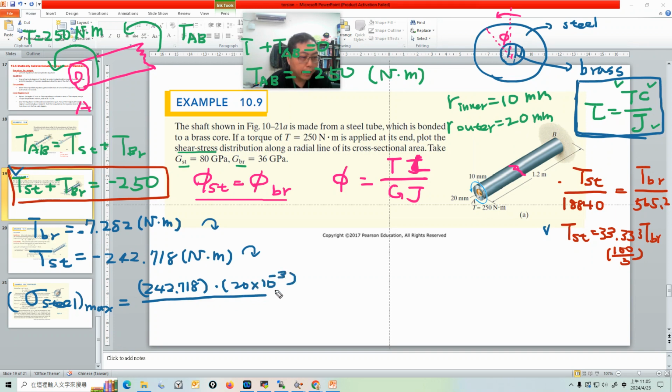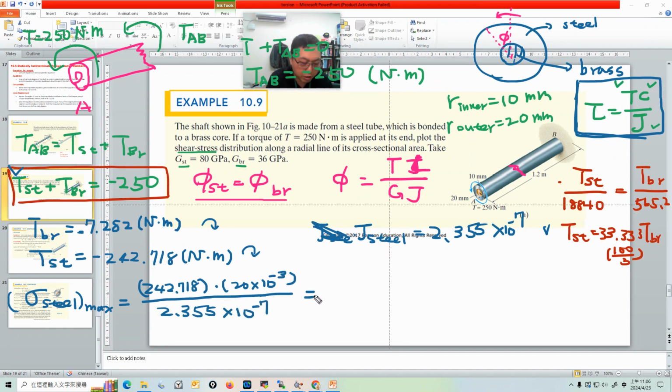And the denominator is J steel. I erased it, but I have the notes here. J steel is 2.355 times 10 to the power minus 7.